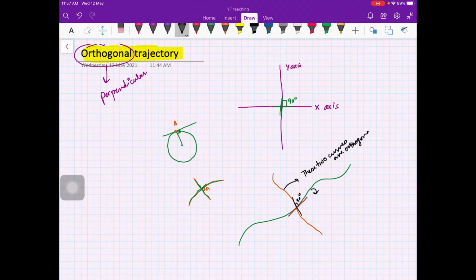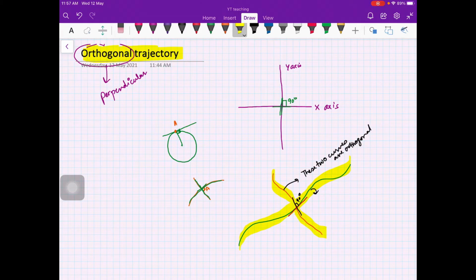You can think of them as trajectories. Trajectories are kind of paths. Suppose this is one path and this is another path, and they are orthogonal, then we call them orthogonal trajectories, right?